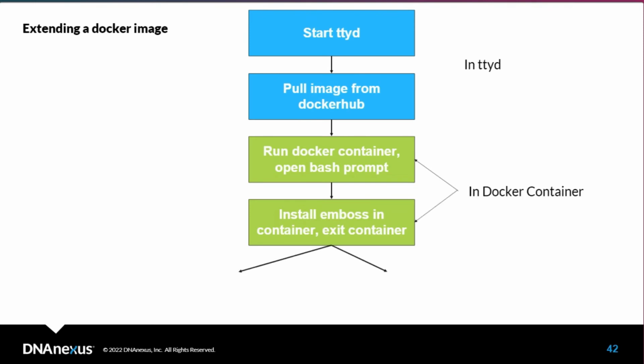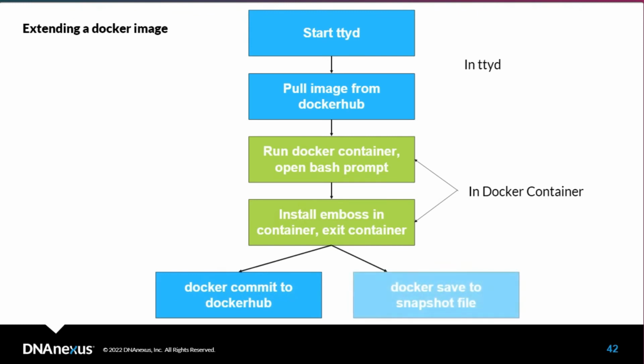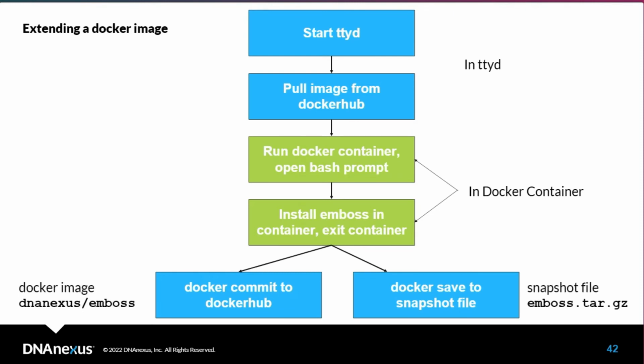And then finally, once we are done and apply the docker commit command, we will save our new software either to our local image repository, or to a snapshot file, and upload it back to the project for further usage, let's say, in your applets.